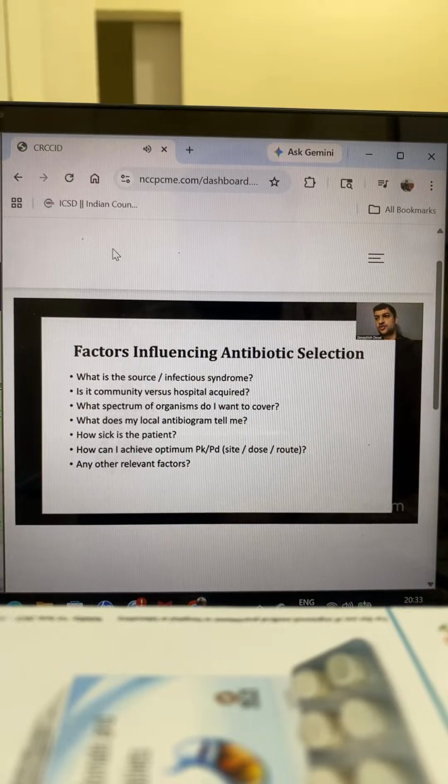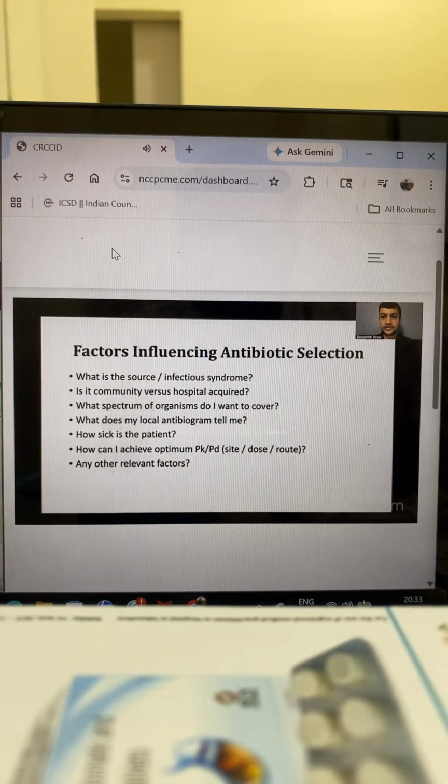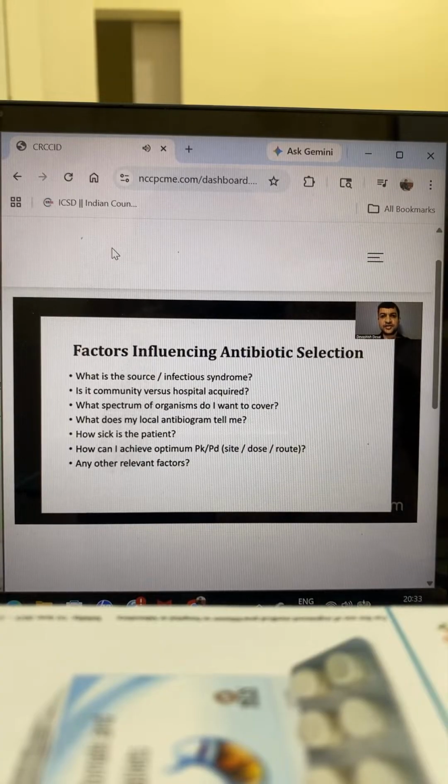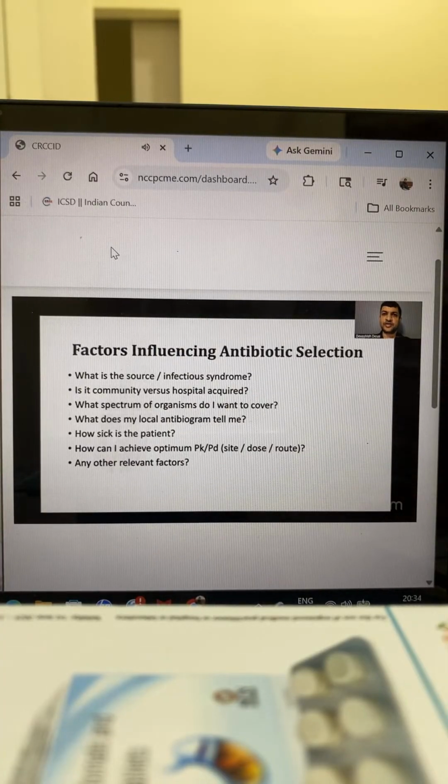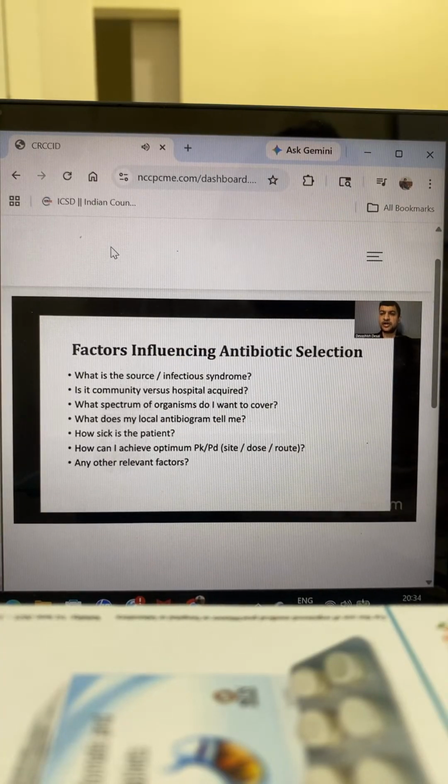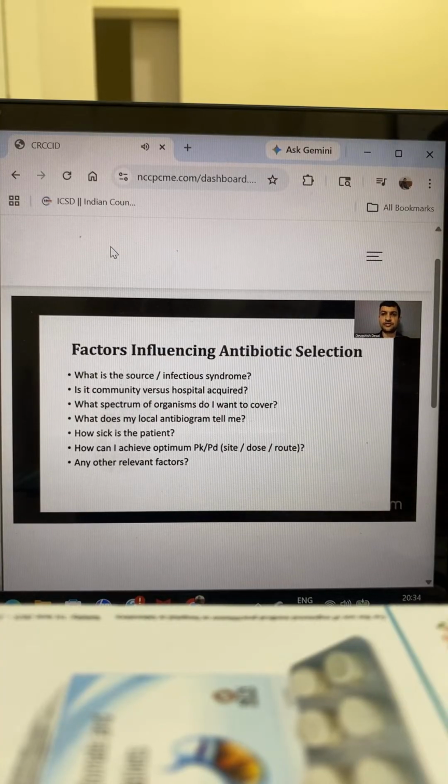Then the second question you will ask yourself is, is this infection acquired from the community, or is it a nosocomial infection? In about 80% of cases, this distinction can be made with a reasonable degree of confidence based on the history alone. For the remaining 20%, that margin is a little blurred, and your choice of antibiotics has to be made on a case-by-case basis.